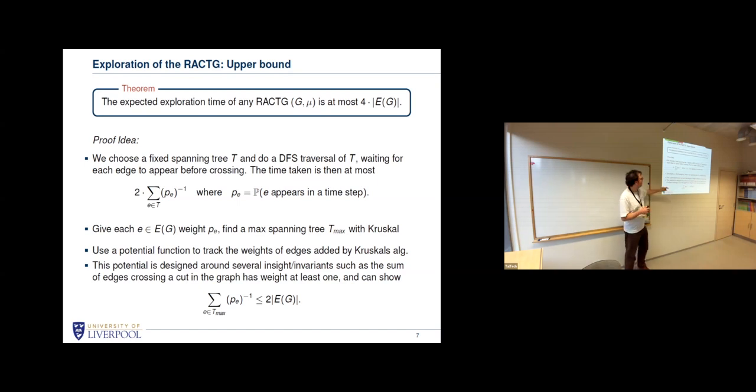Just this alone will not get you a bound, and you need to somehow track the edges you've exposed along the process. So you do that with a potential function as you're exposing edges that come up in Prim's, and then the potential function naturally bounds this, and there's a trivial upper bound on the potential function based on the way it's designed, that the potential is always at most twice the number of edges.